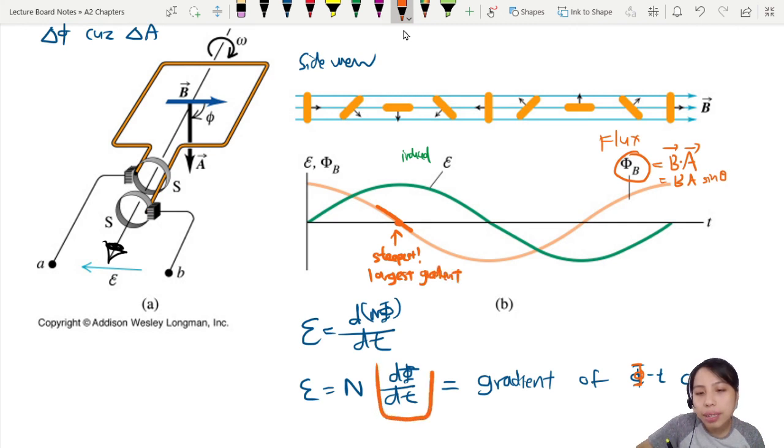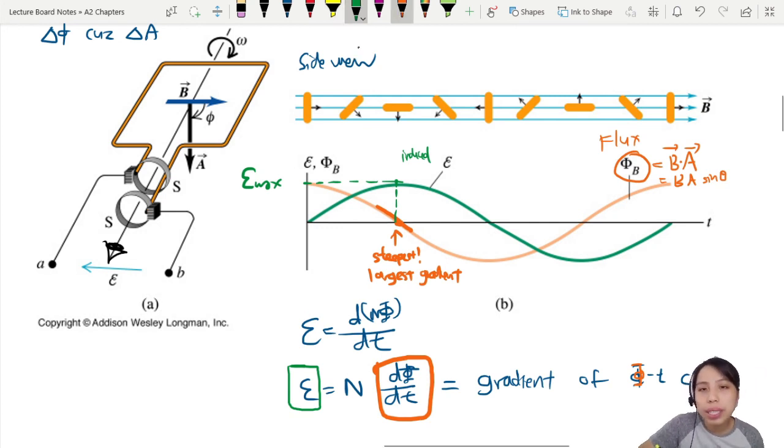So when this d phi dt is very big, that means your induced EMF will also be very big. Hence, at this point, you have the maximum induced EMF. So the biggest change means the biggest EMF.